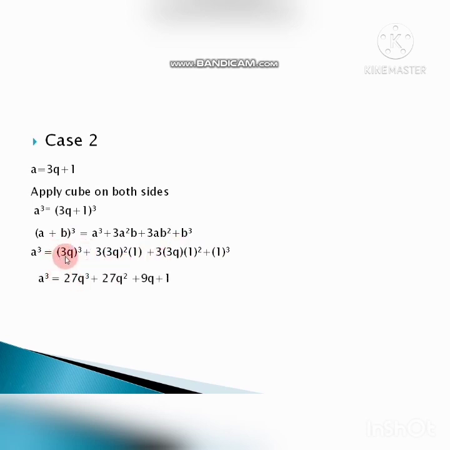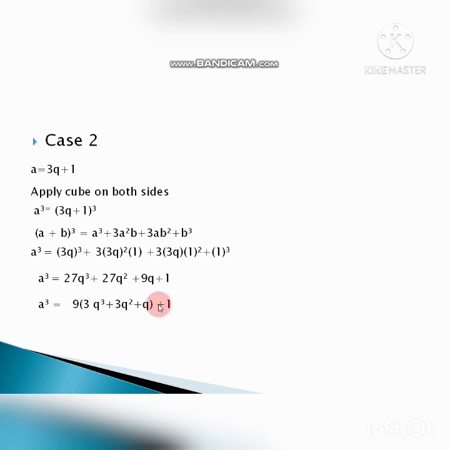Then the cube of 3q: 3 3s are 9 and 9 3s are 27 q cube, plus 3 times 3q whole square. 3 3s are 9, and then multiplying with this 3, 9 3s are 27 q square, plus 3 3s are 9q into 1, again 9q, plus 1 cube. 1 cube is nothing but 1. Now children, we have to show that it is in the form of 9m plus 1.